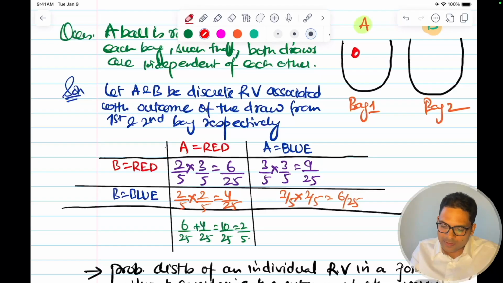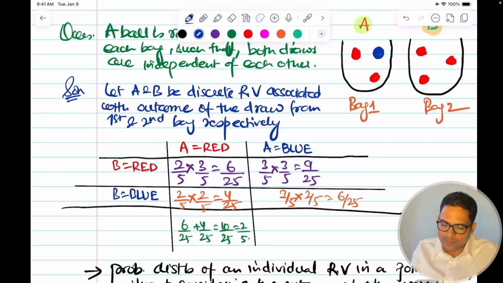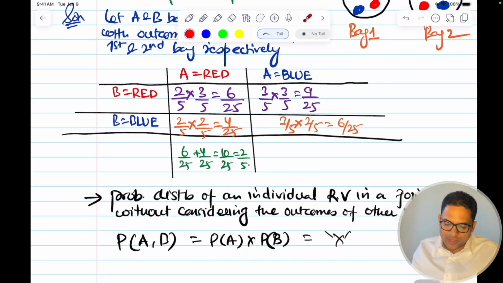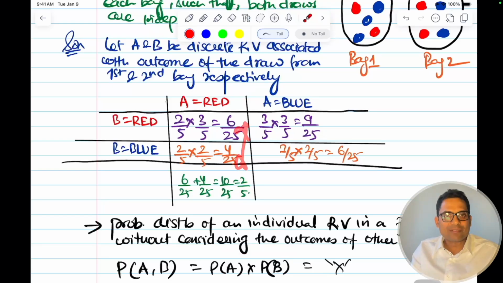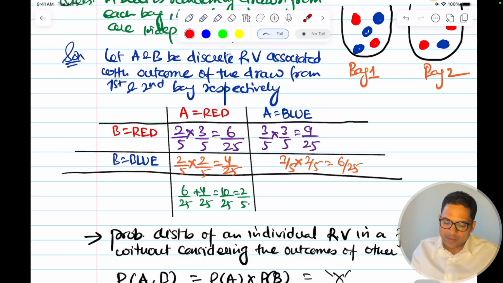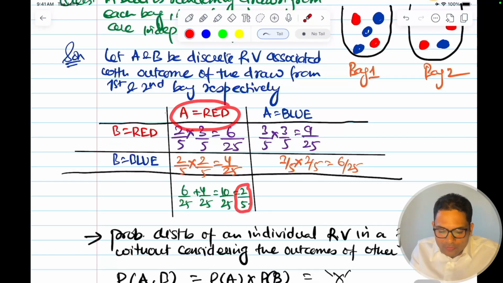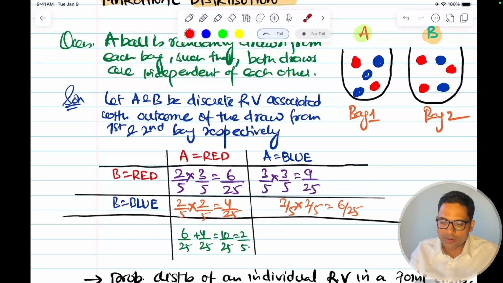Earlier there were 2 red balls here, 3 red balls here, 3 blue balls here, and 2 blue balls here. So without considering the outcomes of the other variable means summing that up to 1. If I don't consider what I am getting in the second draw, does that mean that the probability of drawing a red ball from the first bag is 2 by 5? And isn't this what we have got here?